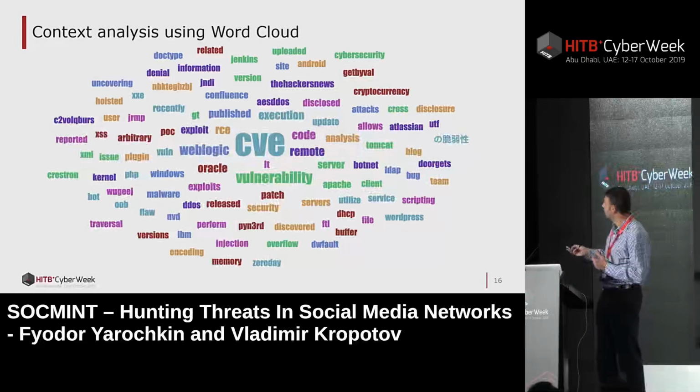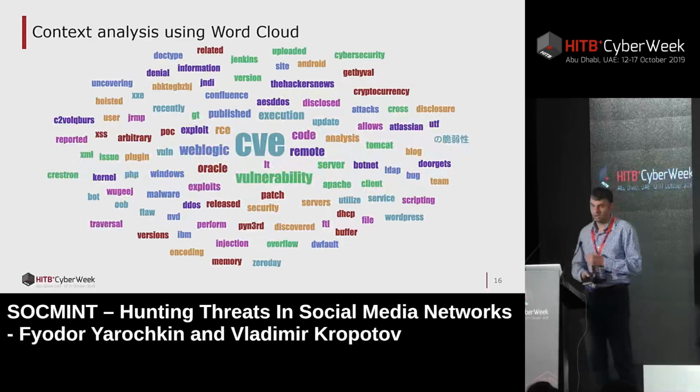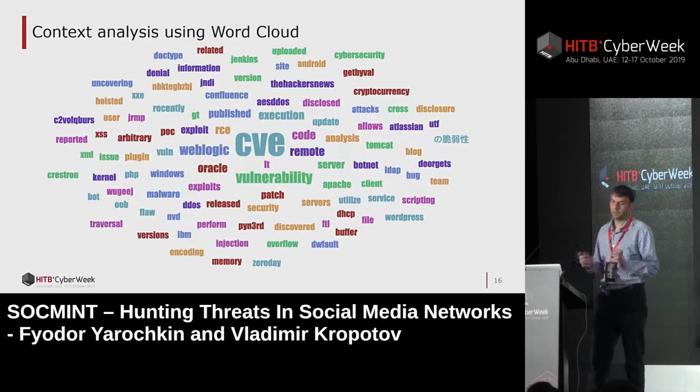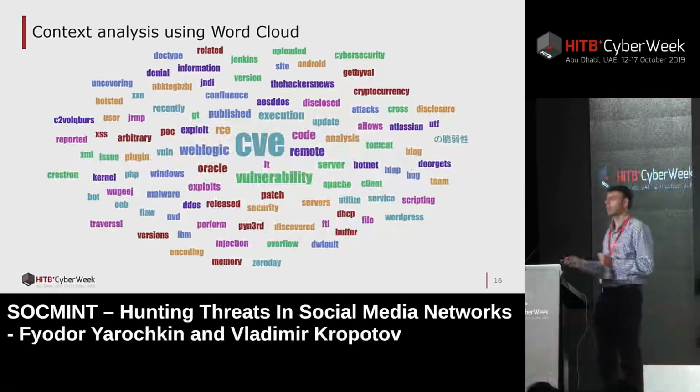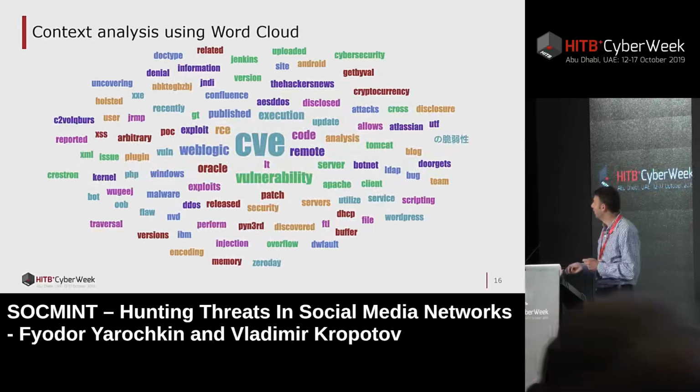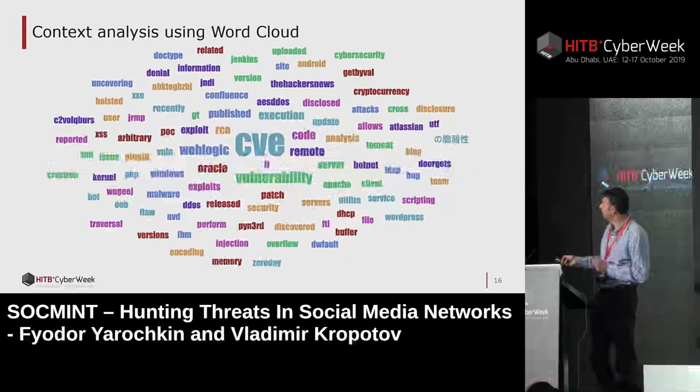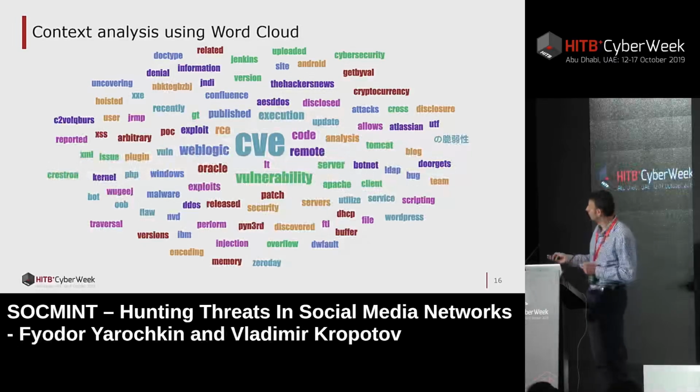Some words are stripped out by the libraries, but you can see the context of what was discussed for the CVEs. In some cases you can see, for example, botnet, so it's a CVE which is exploited in the wild. Sometimes you can see patch released. Sometimes it's used for DDoS attacks, malware, and so on. And for example, here is an Oracle-related vulnerability.